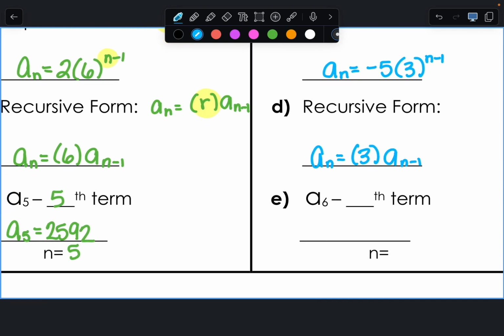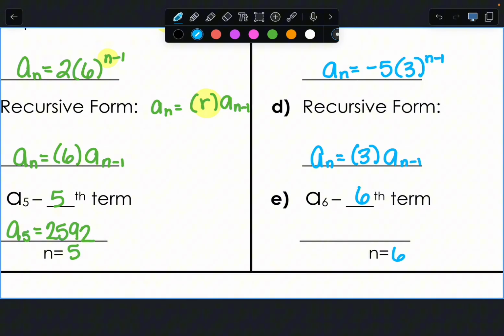A sub 6 represents the sixth term. So you plug a 6 in your exponent spot. Do not forget the minus 1. What is your result? Negative 45. You forgot something. What'd you get? I got negative 7,290.